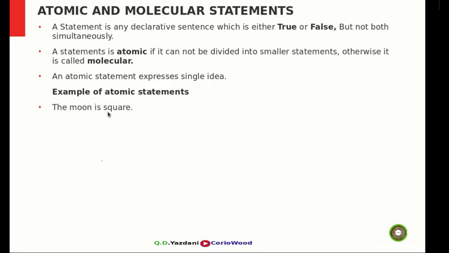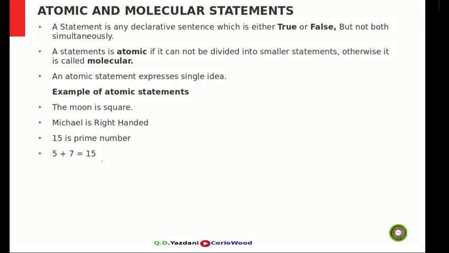The moon is square. It expresses a single idea, whether it's true or false, which we're going to show shortly. Michael is right-handed. 15 is a prime number. 5 plus 7 is equal to 15. So there are 4 examples of atomic statements.